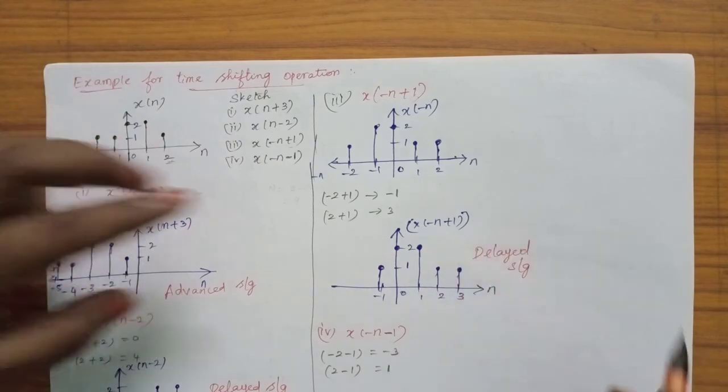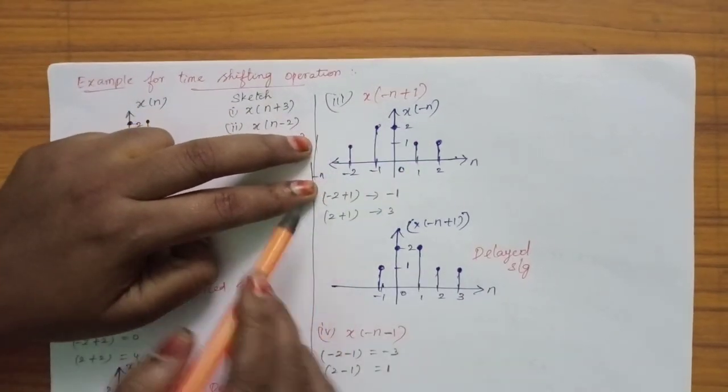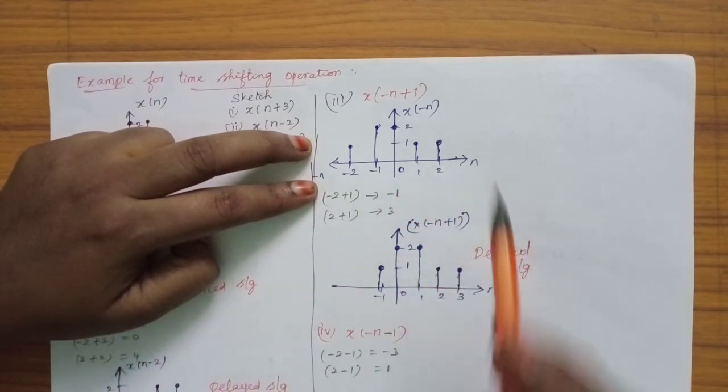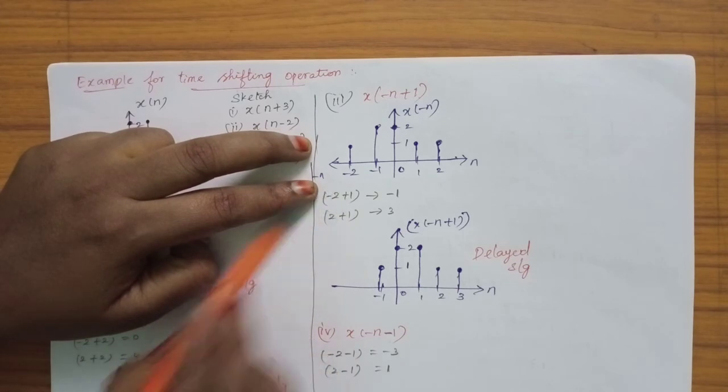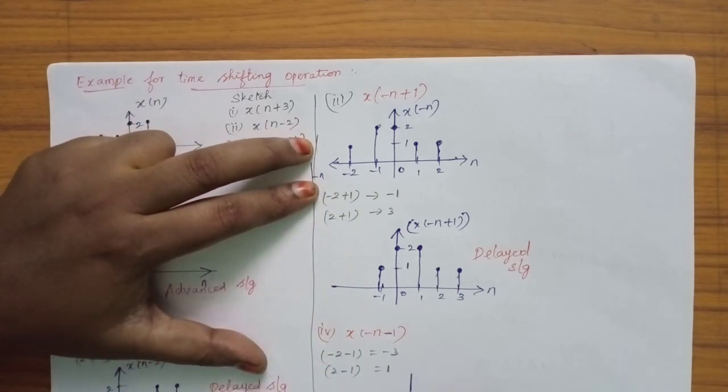Okay, so we are going to drag the signal towards the left side by 1 sample. So the signal starts from minus 3 instead of minus 2. Okay, so we can draw x of minus n minus 1.